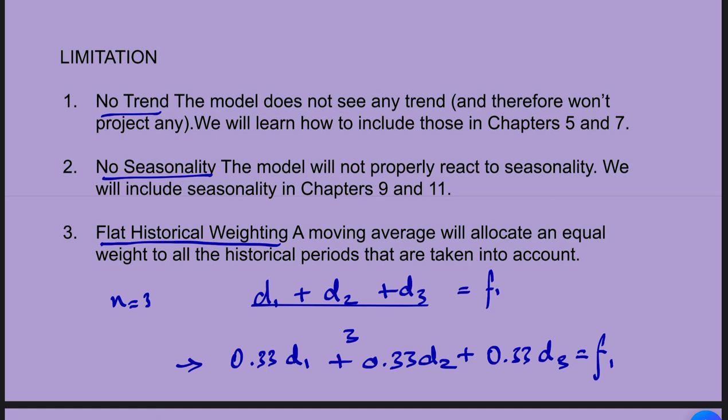The forecast may not be that dependent on the previous one as compared to the new one. So what I mean to say is f1 can be much more related to d3 as compared to d1. So these are the key limitations of this algorithm.